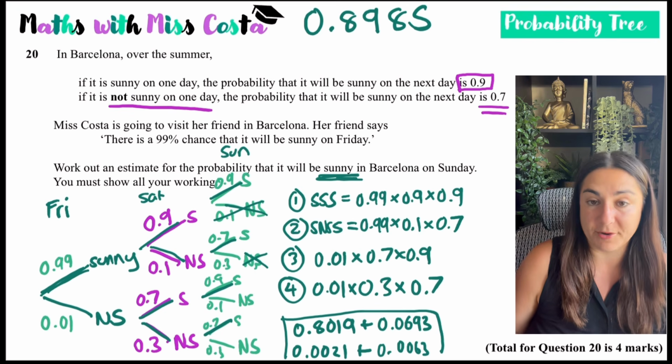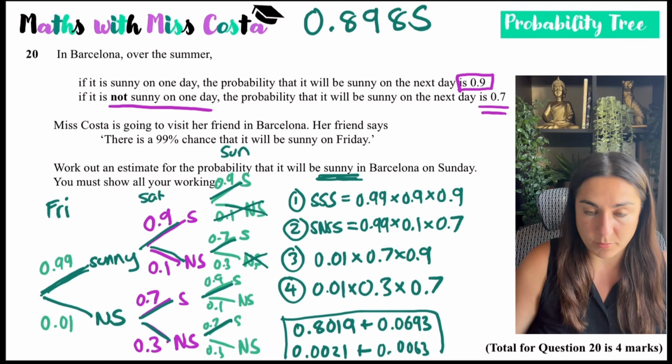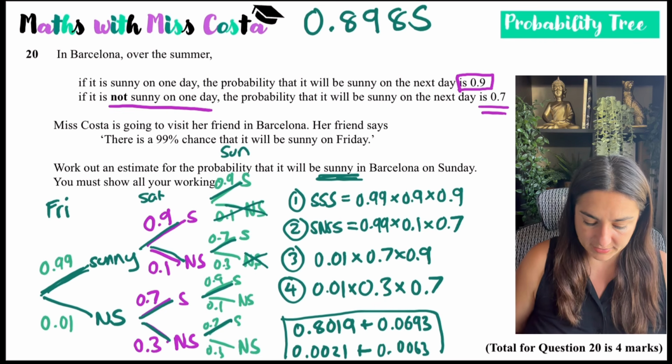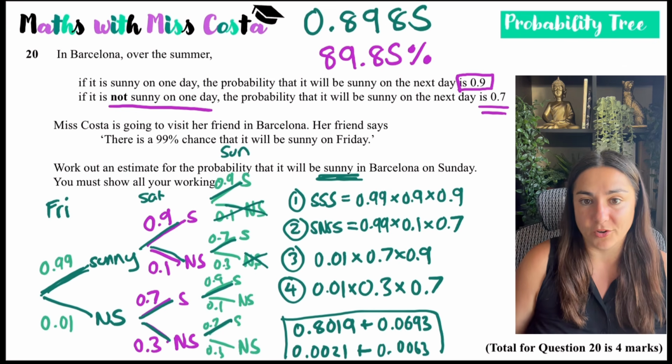So it just says work out an estimate for the probability. You could turn it into a percentage if you want, just to make it more percentagey, because that's what's been given in the question. So that would be 89.85% chance that it would be sunny on the Sunday.